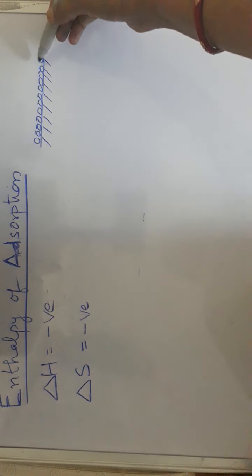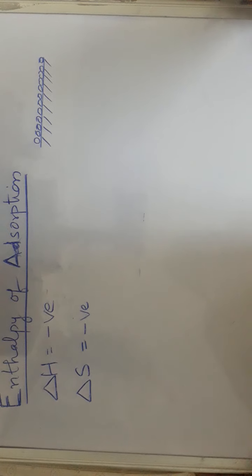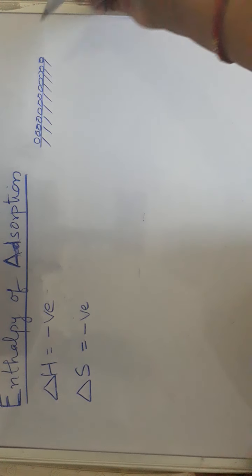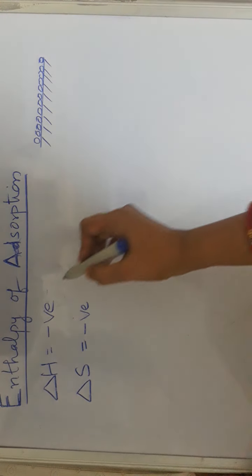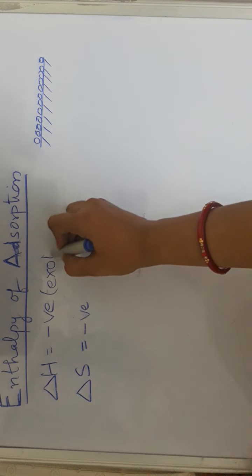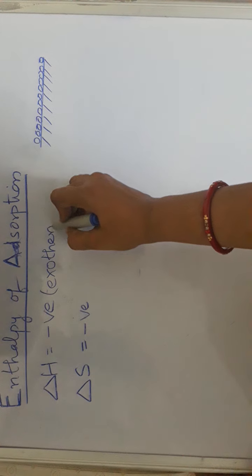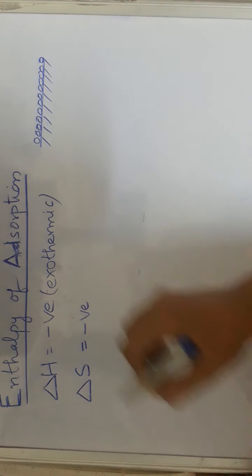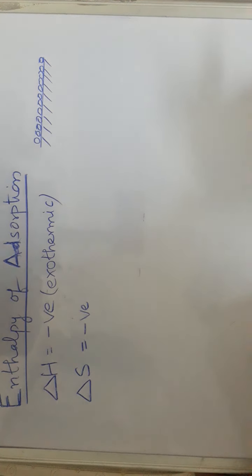So as there is some interaction or bond formation taking place between adsorbate and adsorbent, the nature of adsorption is exothermic, or the heat change is negative. Wherever there is bond formation, you know that the enthalpy change is negative.